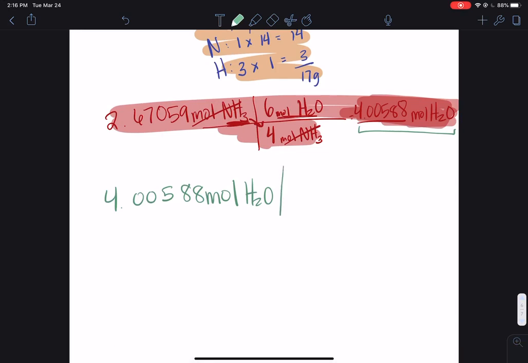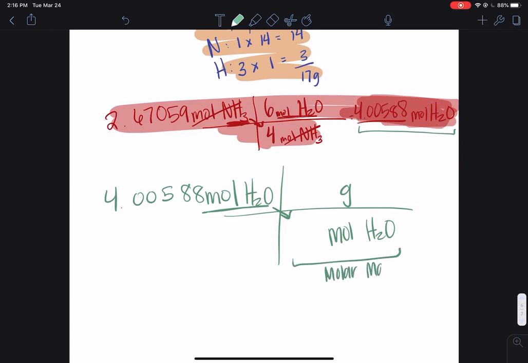I'm trying to get to grams of water, so since mole is on top, I'm going to put mole on bottom. I'm trying to get to grams. So moles to grams, this is the molar mass. What I'm saying is how many grams are in 1 mole of water?